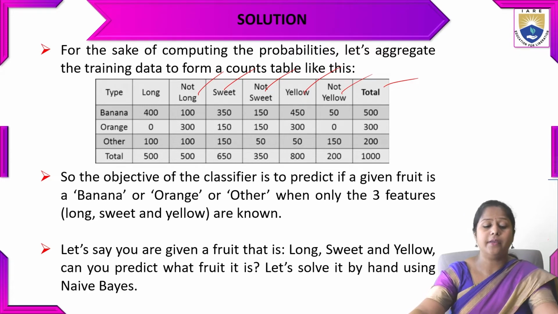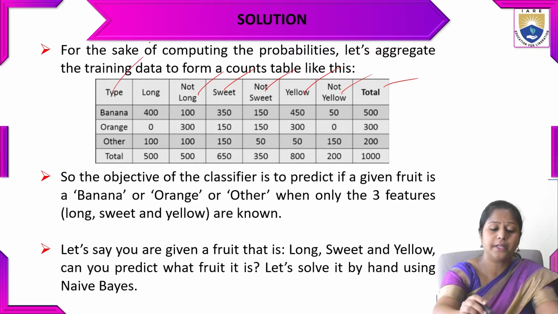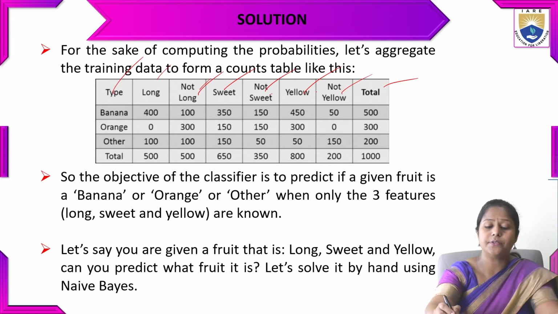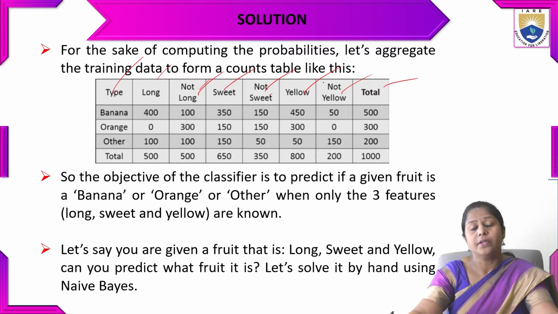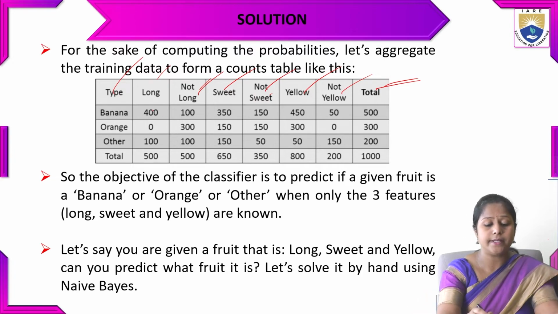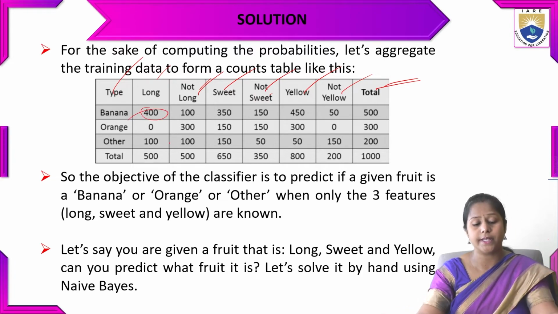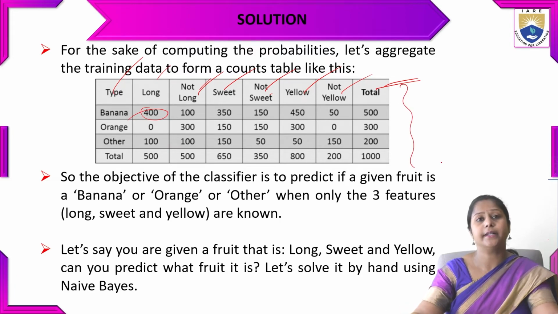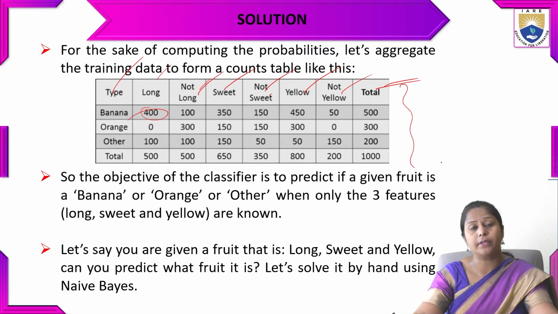So we have the class level, long, not long, sweet, not sweet, yellow, not yellow, and total. On the basis of banana there are 400 values. Like this we have aggregated all the values in this table.